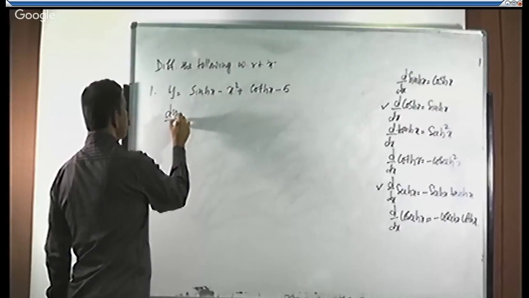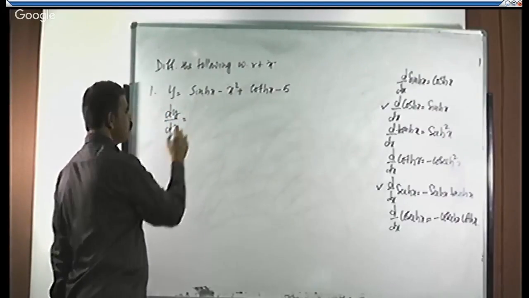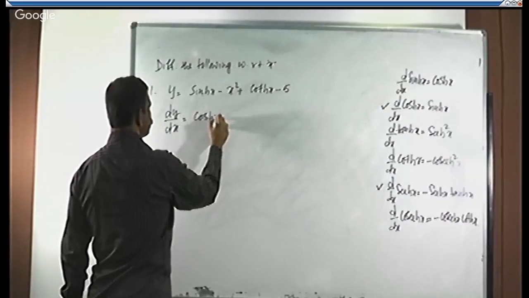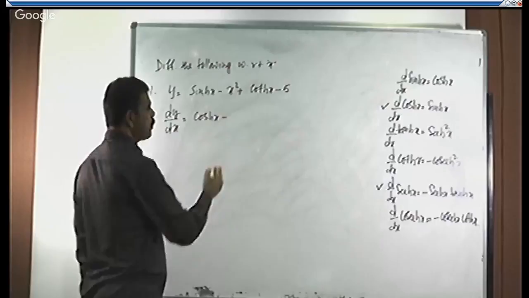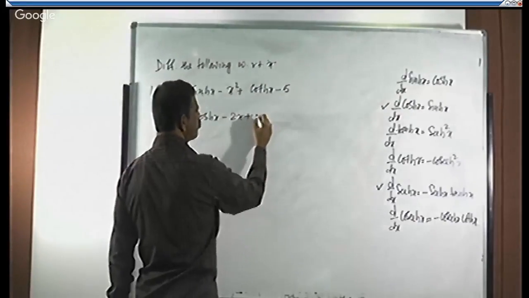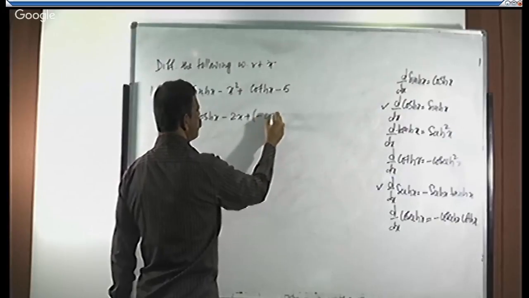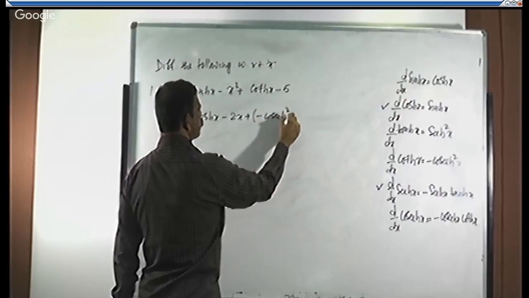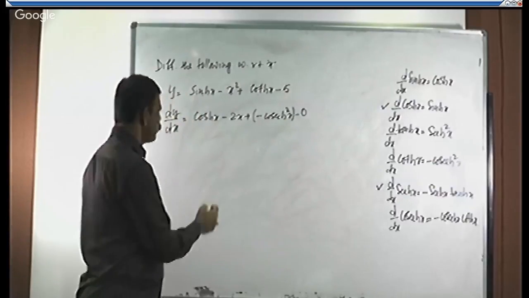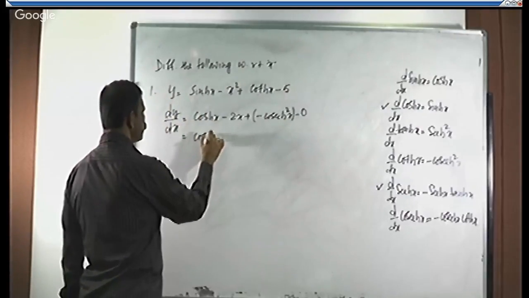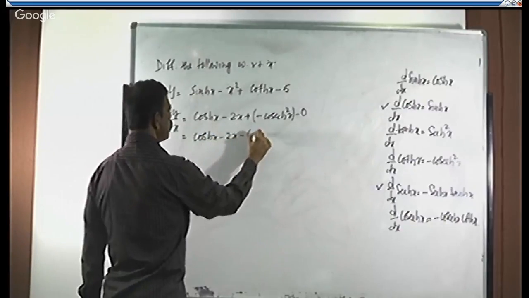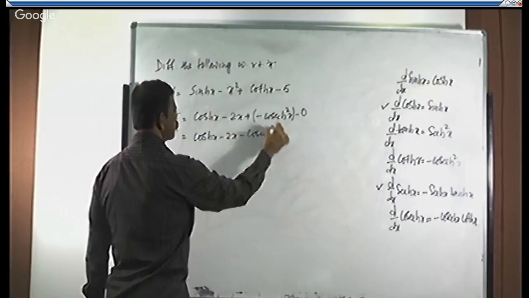Differentiating the given function, differentiation of sin hx is cos hx, minus differentiation of x square is 2x, plus differentiation of cot hx is minus cosecant h square x, minus differentiation of 5 is 0. So finally you will get cos hx minus 2x plus into minus cosecant h square x.